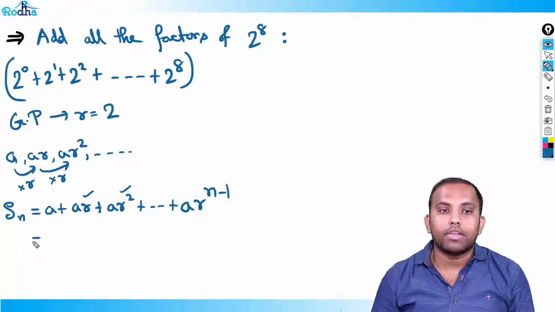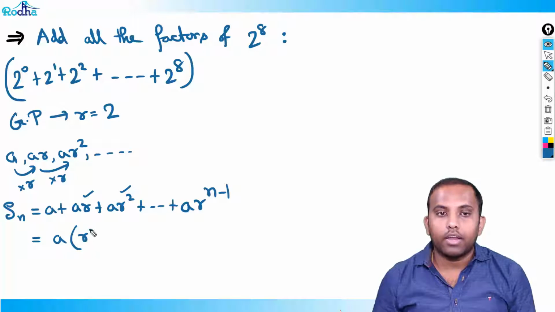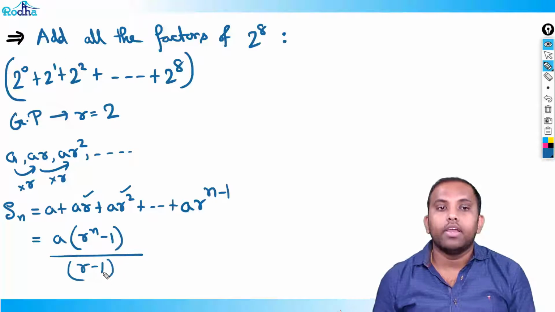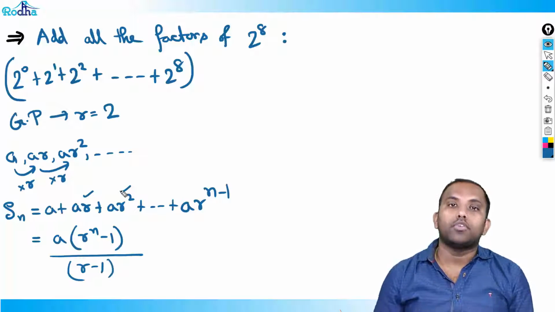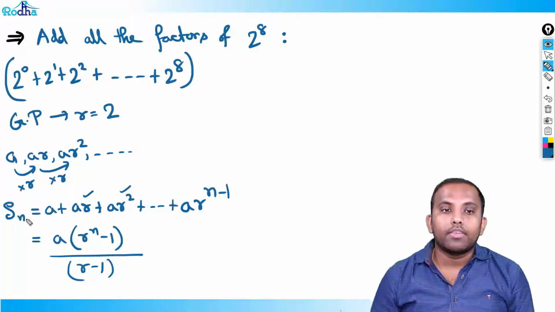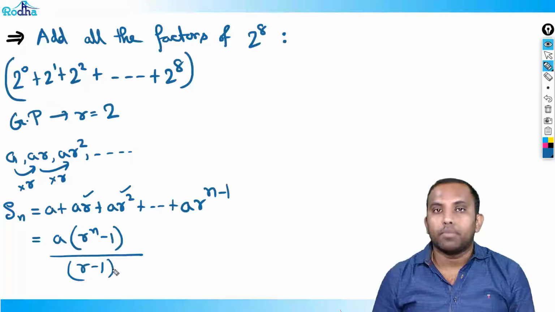So the summation is basically a into r raised to n minus 1 upon r minus 1. Remember this, right? This is the formula for the sum of n terms of a GP: Sn is equal to a into (r raised to n minus 1) upon (r minus 1).